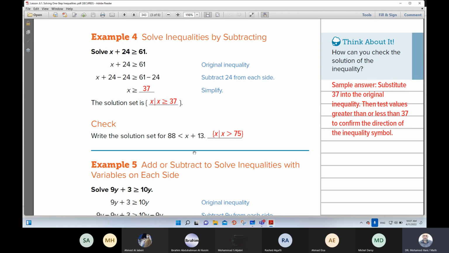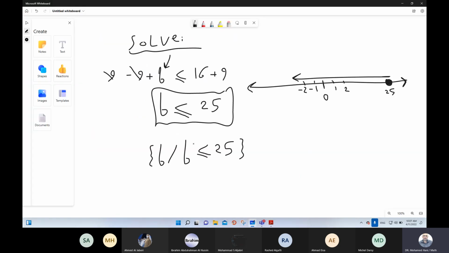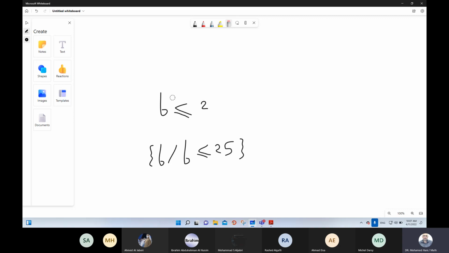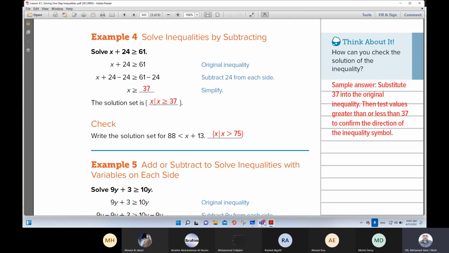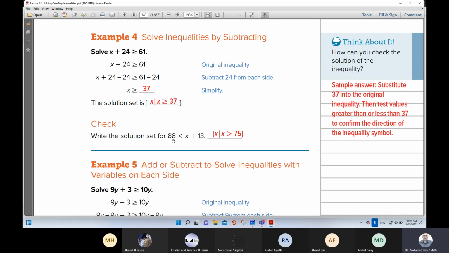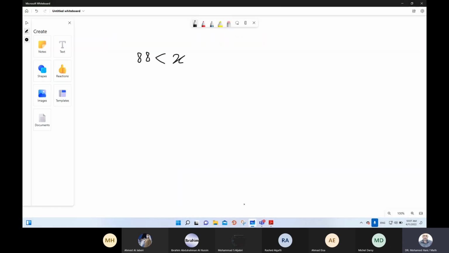And here, in this example, 88 less than X plus 13.